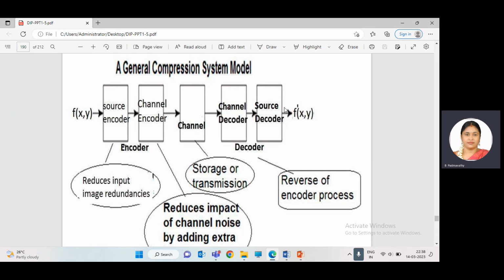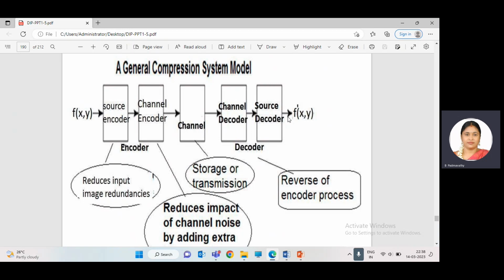For example, here I'm giving a 1024 by 1024 size image. The compressor reduces the size to 512 by 512. That means it reduces it to half the size, and then it transmits over the channel, and then does the decoding process.